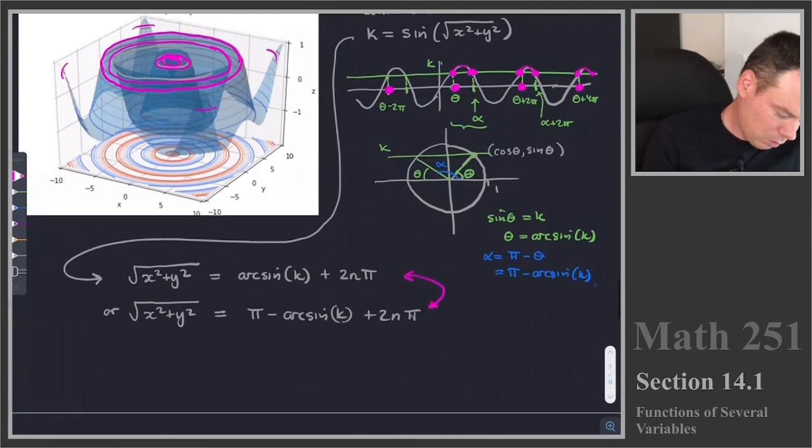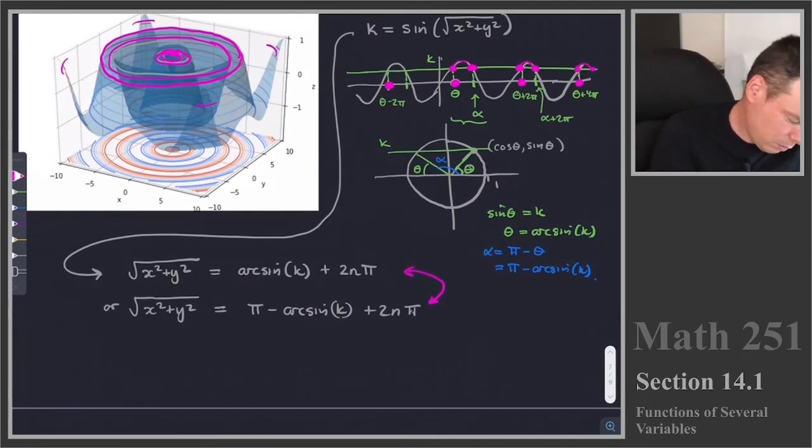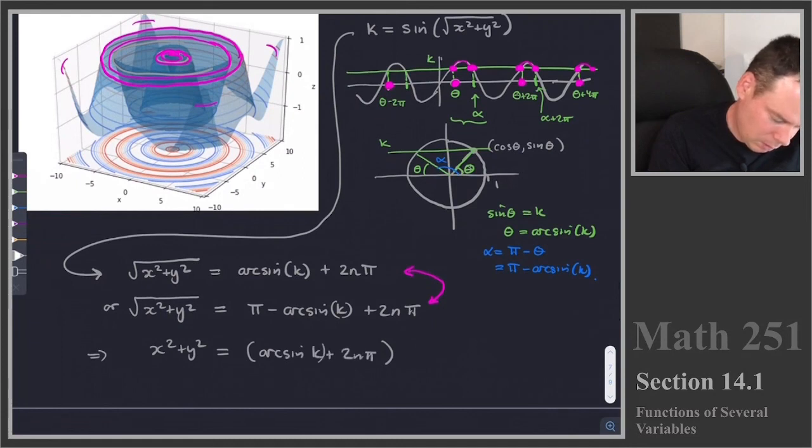So there's our circles. Why are they circles? They're circles because we have x squared plus y squared is equal to, and I can square this, arc sine of k plus 2n pi squared, and x squared plus y squared is equal to pi minus arc sine of k plus 2n pi, and that's all squared.